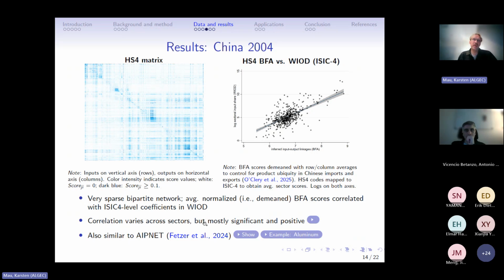What is also interesting is to compare our mapping to one that has recently been promoted quite a lot in various places, and also is starting to be used in academic research, the AIPNet, so the AI-generated production network. We are comparing with them, with the tricky part, of course, that they have a binary network and we have scores.